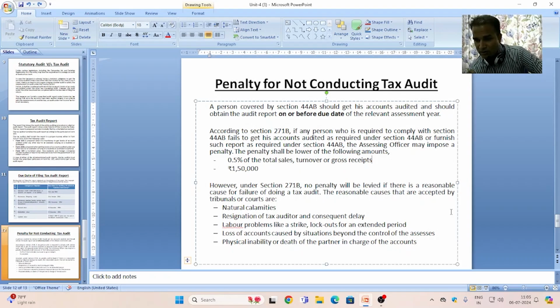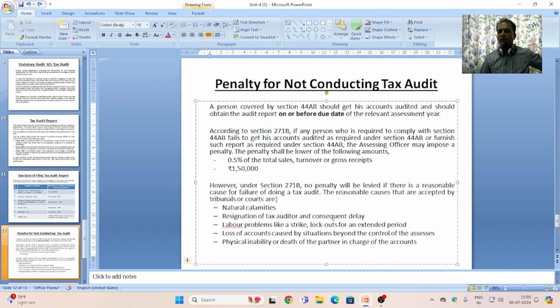The reasonable causes that are accepted by the tribunals or courts regarding section 273B are these: first, natural calamities.